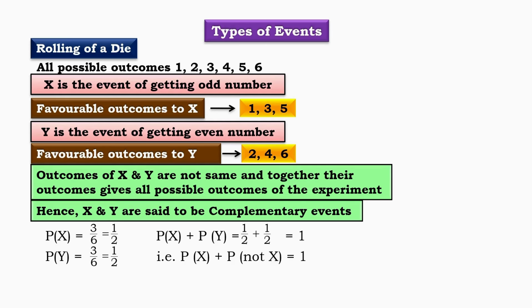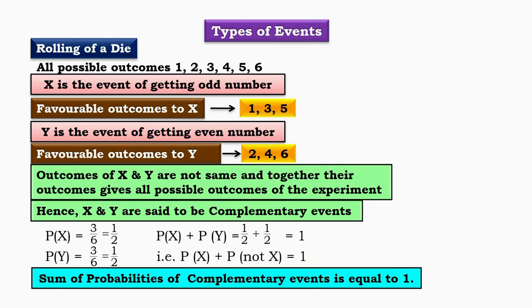If I consider Y as the opposite of X, we can also call it not X. So P of X plus P of not X equals 1, or P of Y plus P of not Y equals 1. That means the sum of probabilities of complementary events is always equal to 1. Occurring of an event and not occurring of an event, if we add, we will always get 1.